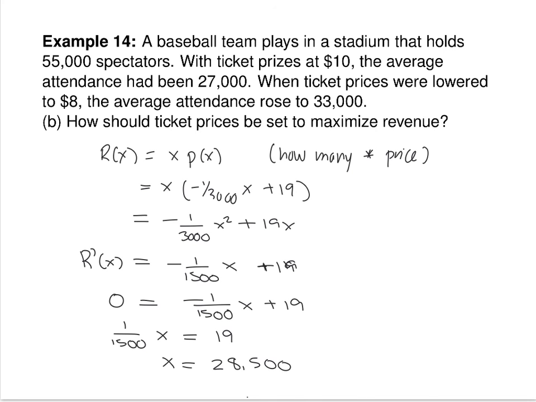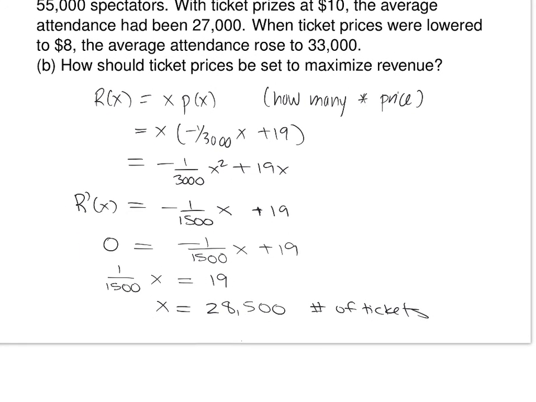That's not the price, obviously, right? Okay. What does x stand for? Number of tickets, yeah. So then how would you figure out the price? Plug it into the one from part A, the p. So p of 28,500, so that number times negative 1 over 3,000 plus 19.